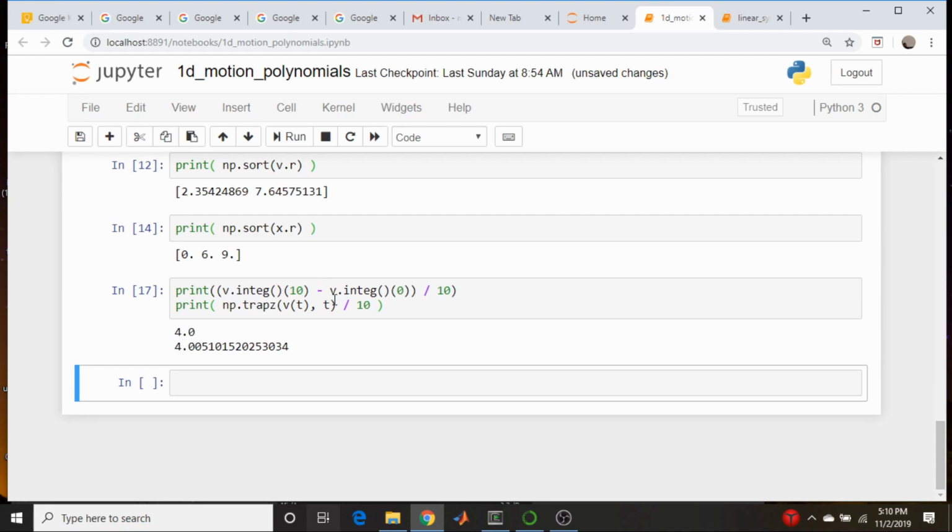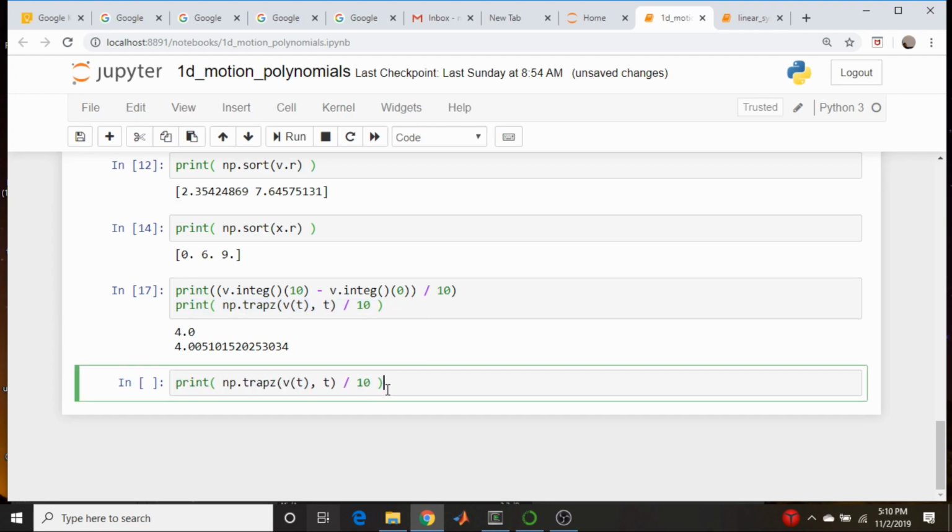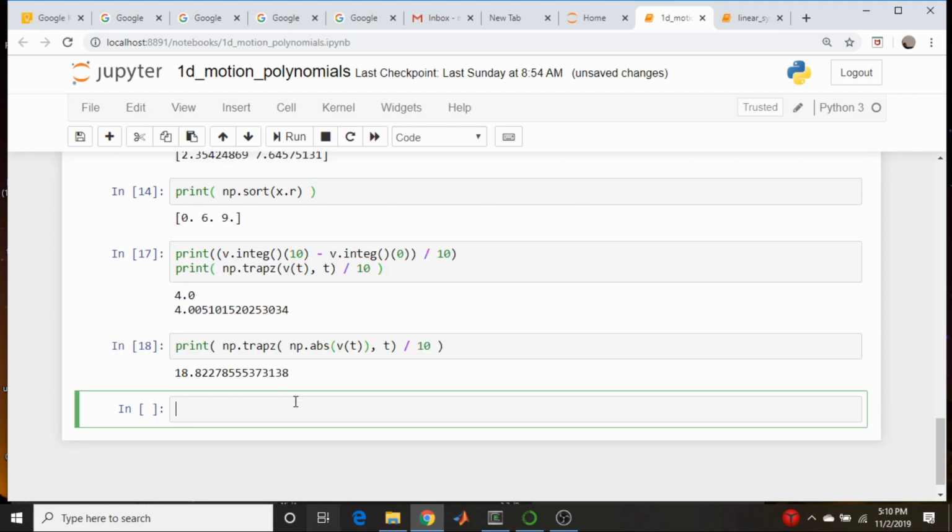But this is running longer than I wanted to, and it's already pretty simple. So let's just copy this. We'll even do it in a new cell. We'll paste it down here. And what we'll just do is take the absolute value of this, np.abs, the absolute value, and that should do it.